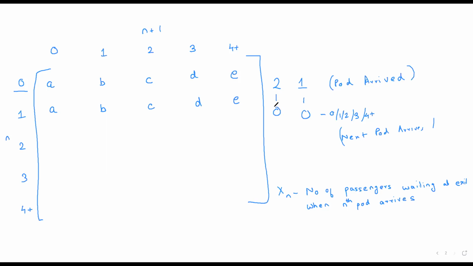Now if I want zero passengers to wait when the next pod arrives, it is equivalent to the fact that zero passengers come in the last 2 minutes at the particular exit, the probability of which is nothing but A. This will be B. Similarly, this will be C, D, and E. If you have understood how this particular row is working, the second row and the third row are a similar case.